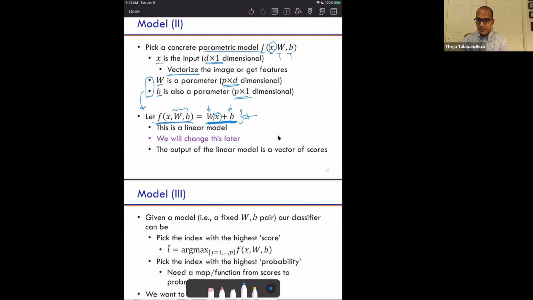Let's say we figured out the numbers for the parameters. Then the output of this model is a p-dimensional vector of numbers. You can think of them as scores. I'm going to use the word scores, and I'm going to refer to it again and again.